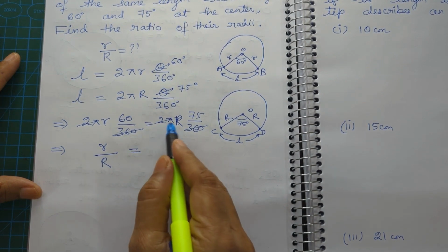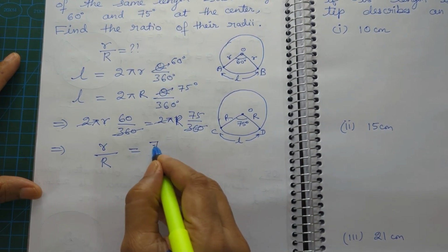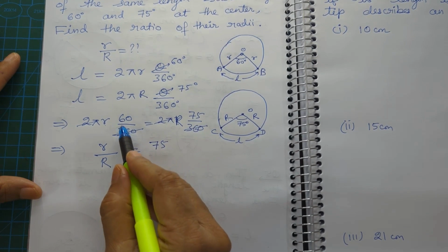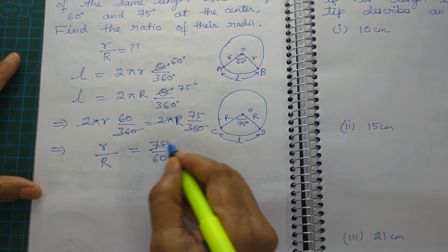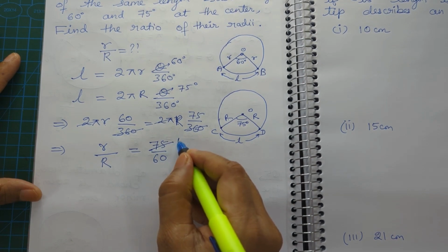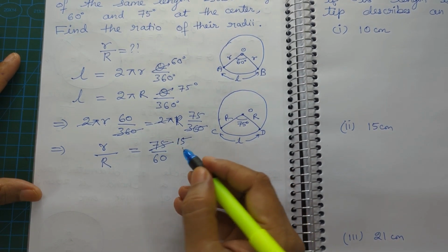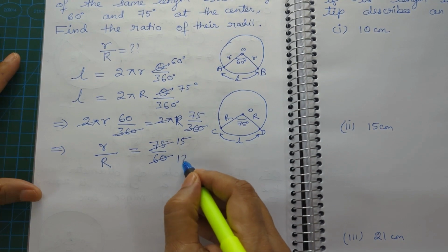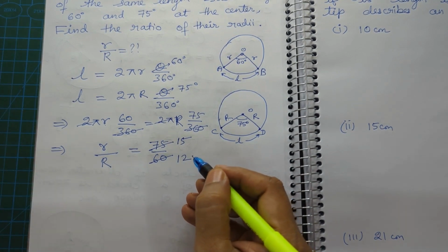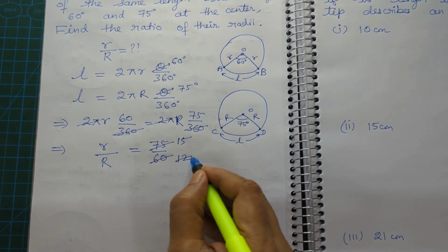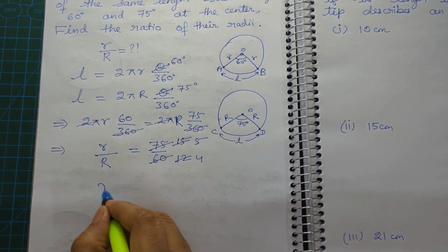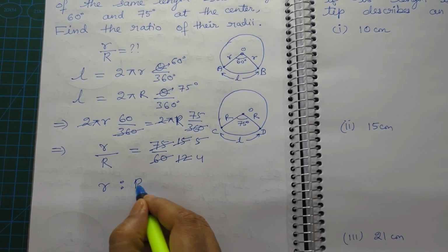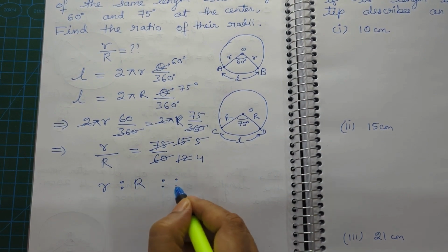On the right side we are only left with the number 75 and on the left side the number is 60. So that we can transpose to the other side. Go for 5 table. 5 15s 75 and 5 12s 60. Then 3 4s 12, 3 5s 15. So ratio of the radius of the two circles is 5:4.